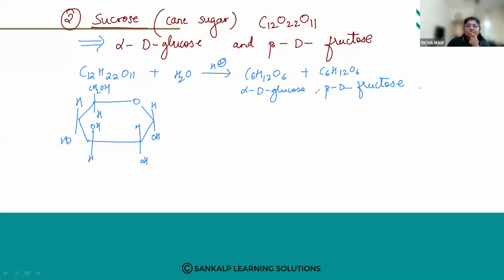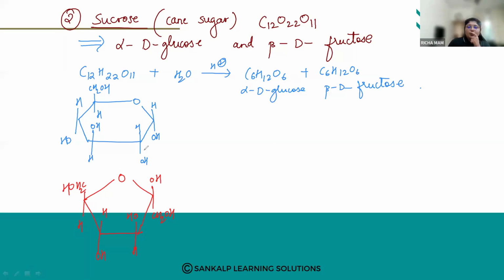Another is beta D fructose. Beta D means it is a furanose structure. Beta means OH will come above and this will be CH2OH. This is OH, H, and this is CH2OH and H.